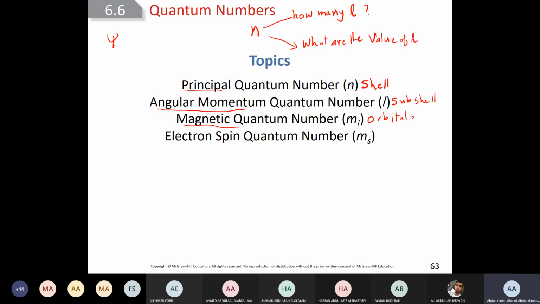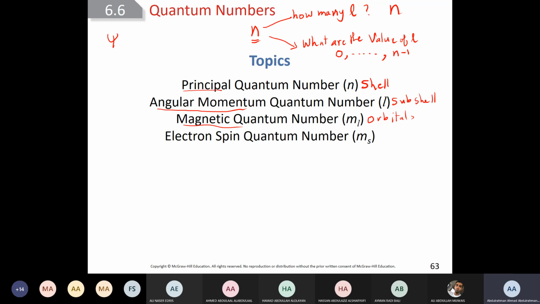When you have any n, then ask how many L and what are the values for L. Whatever is the value of n, if I ask you how many L are there, the answer is n. Now, what are the values? It will start from 0 and go all the way until you reach n minus 1. Let's apply it and you'll understand it right away.